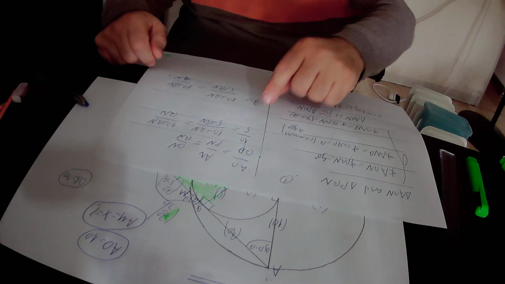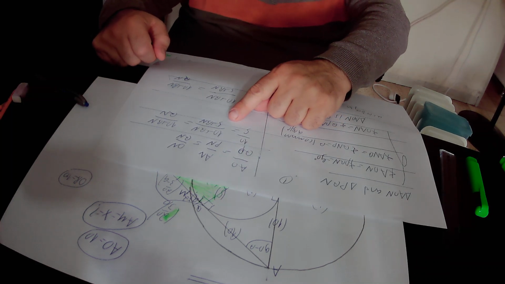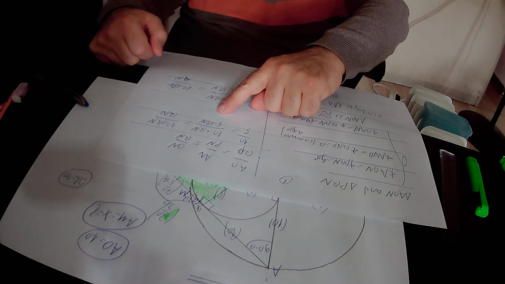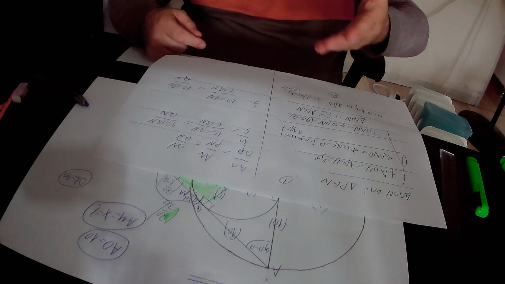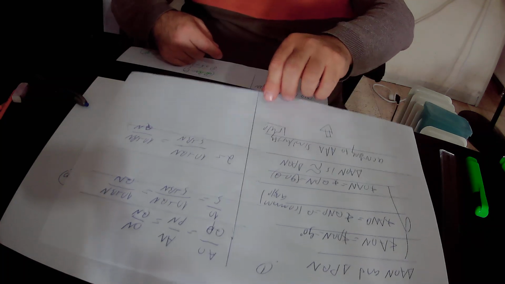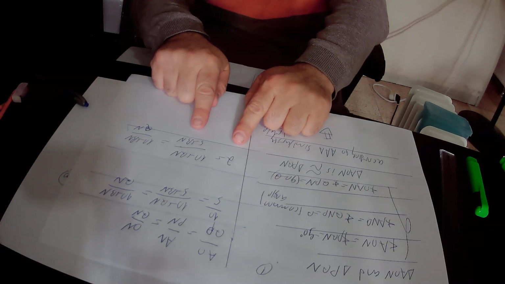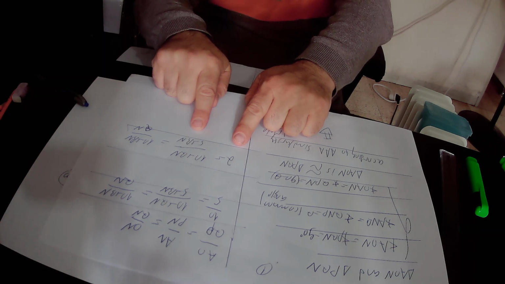So in conclusion, we found out that 10 over 5 equals 10 plus QN over 5 plus BN, and it equals 10 plus BN over QN. 10 over 5 is 2. So here, those two expressions are equal to each other.